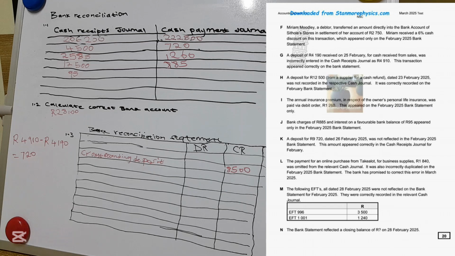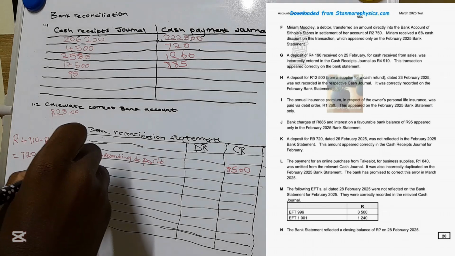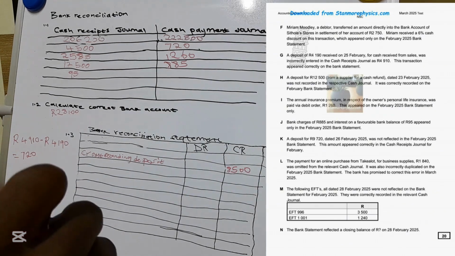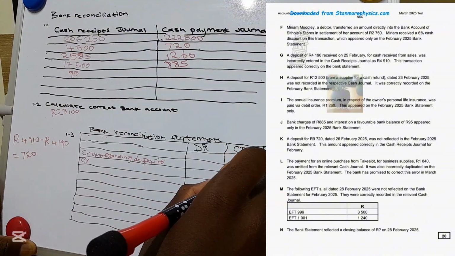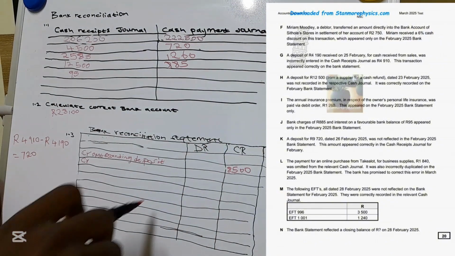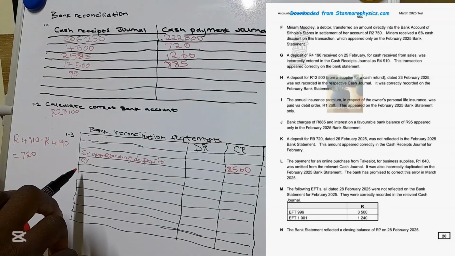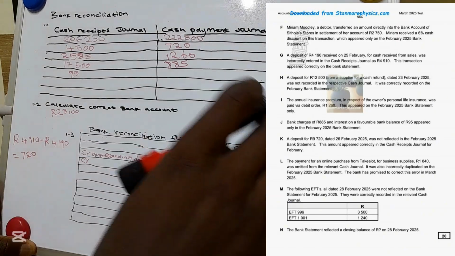So we are going to say credit outstanding deposit. We are starting with credit here because we are going to record this amount on the credit side. If you are going to record the amount on the debit side, you are first going to say debit outstanding whatever.